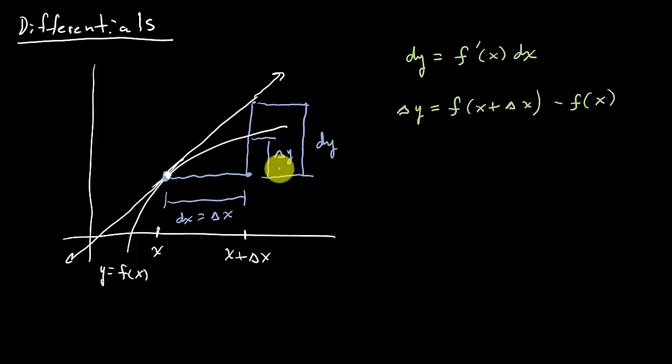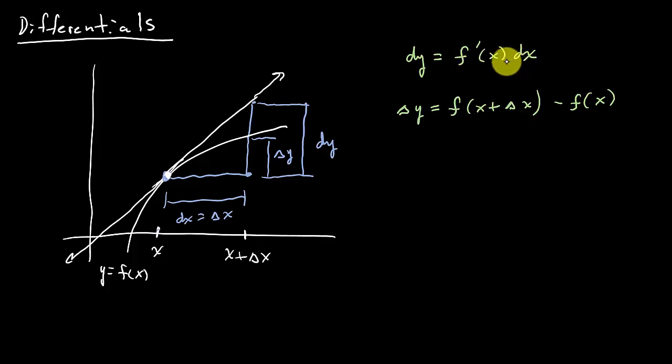And then delta y is from this point to this point right here. That tells you how much the curve rises or falls. So how do we calculate delta y and dy? Well, dy is just the derivative of the function times dx. So dy is f prime of x dx.